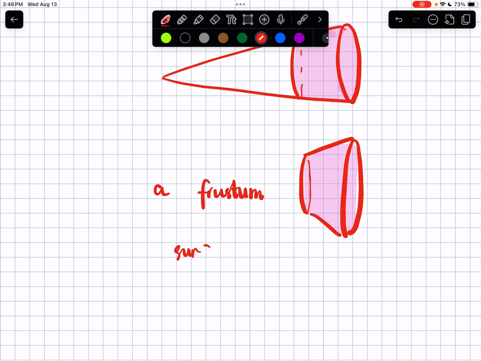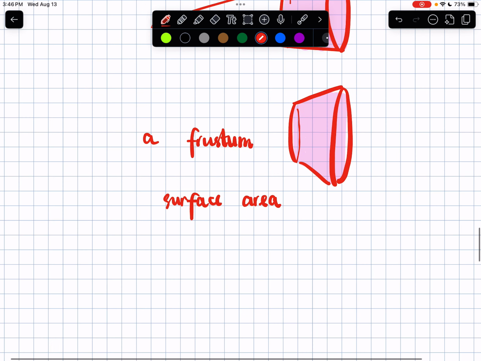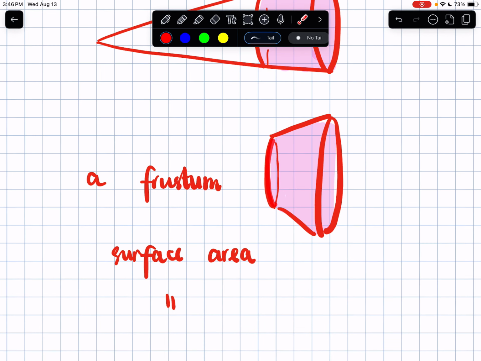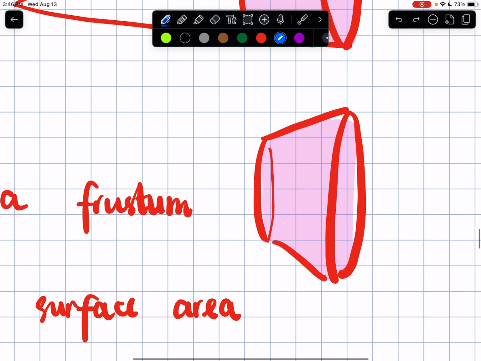The surface area is, so this circle, the smaller circle, say has radius r1. The radius of the small circle is r1, the radius of the bigger circle is r2.